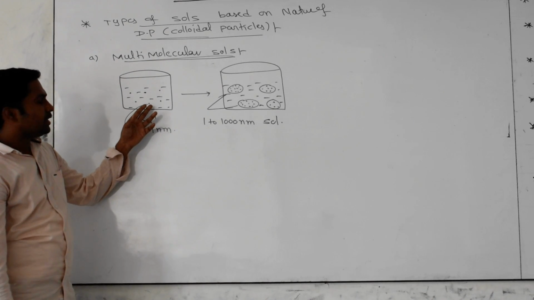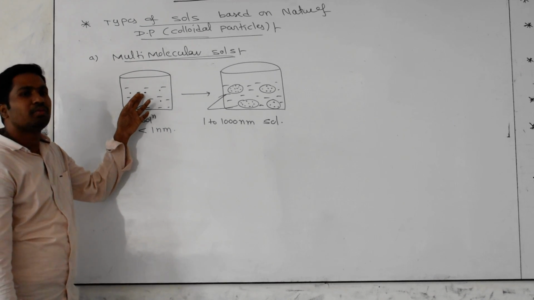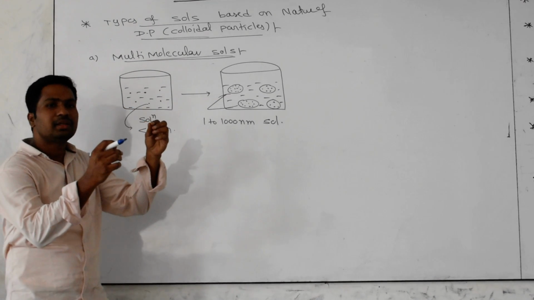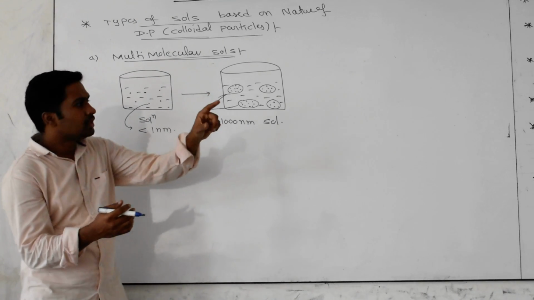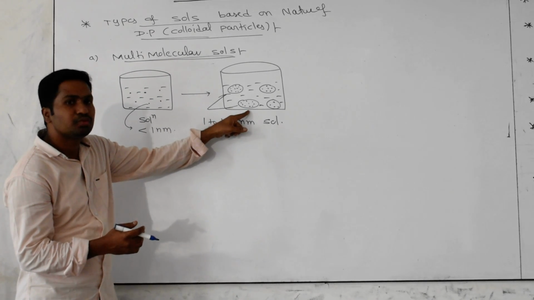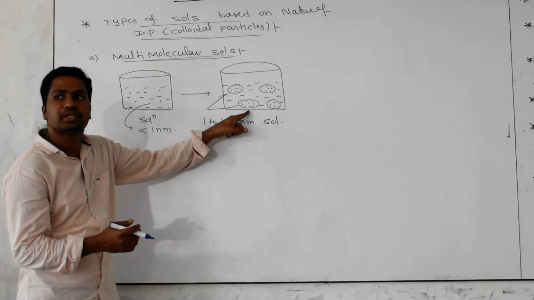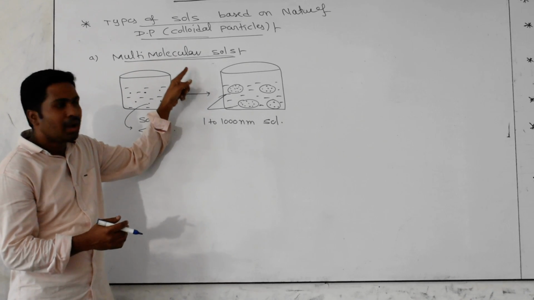First of all, we take a solution. In the solution, the dissolving particle size is very small. Then those smallest particles, some number of them, combine together, becoming a big particle within the colloidal particle range. Such kinds of mixtures we call sols, specifically multimolecular sols. Can you tell the definition?